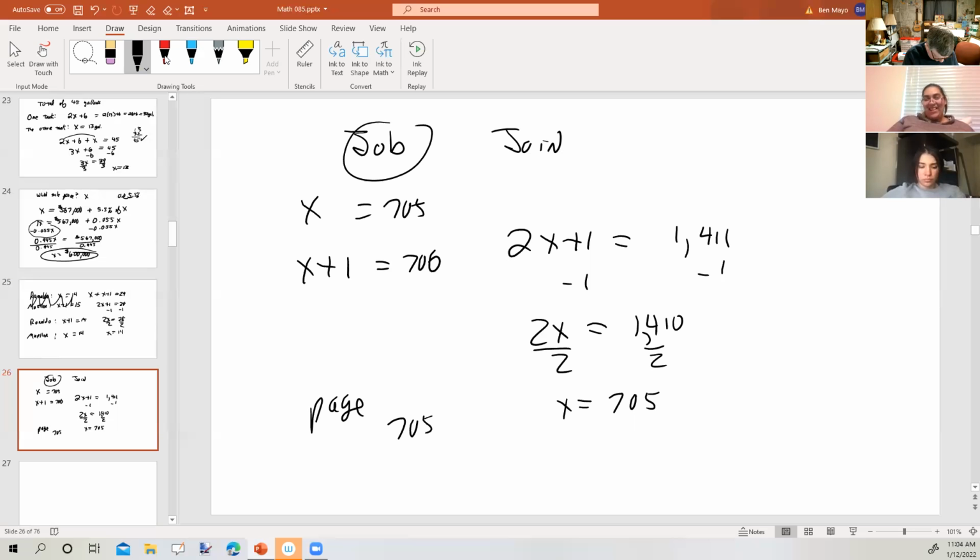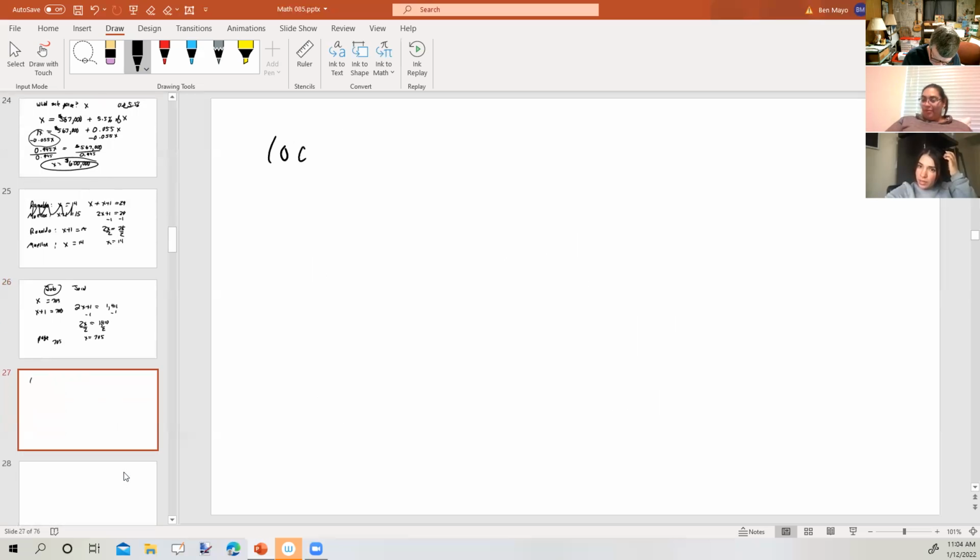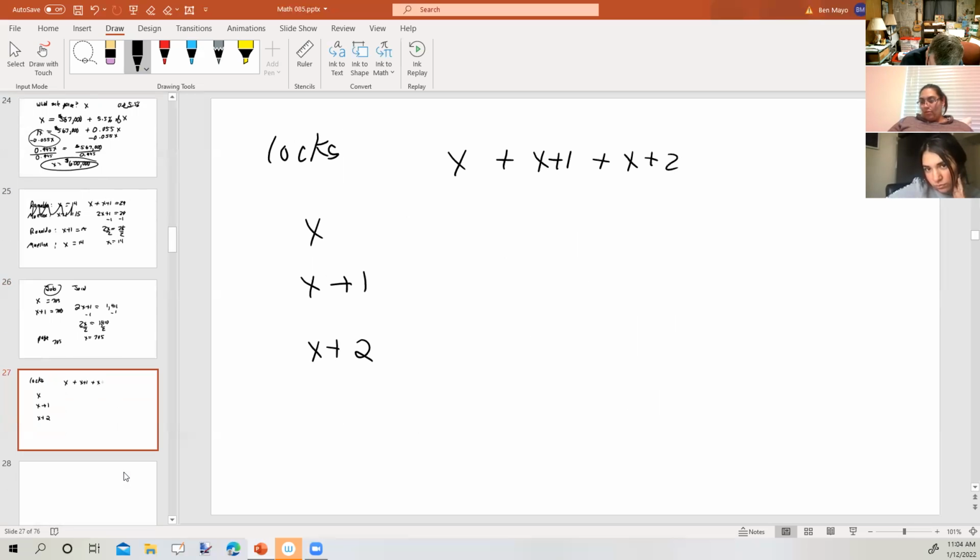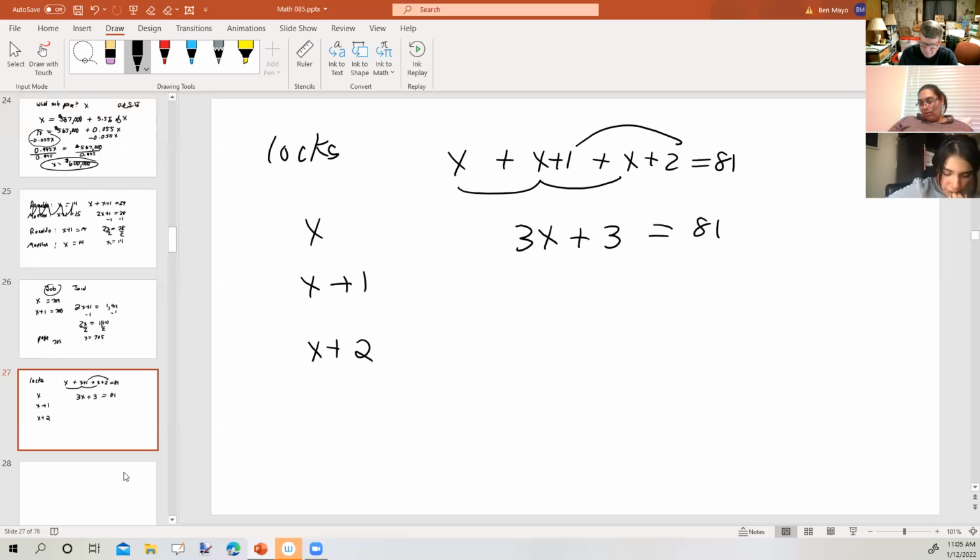All right, let's see here. This says locks. The three numbers of the combination for a lock are consecutive integers. So X, X plus 1, X plus 2, consecutive integers. Their sum is 81. So X plus X plus 1 plus X plus 2 is 81. So 3X plus 3 equals 81.